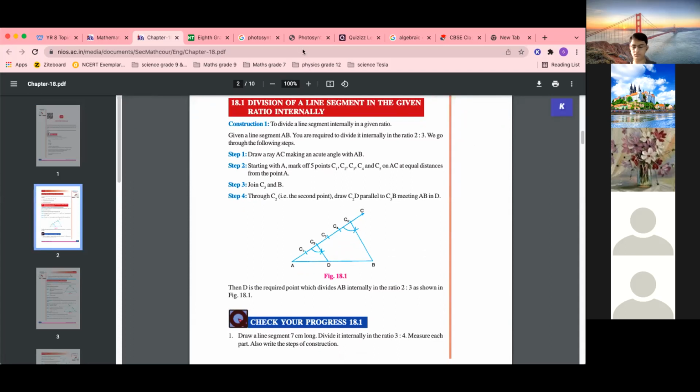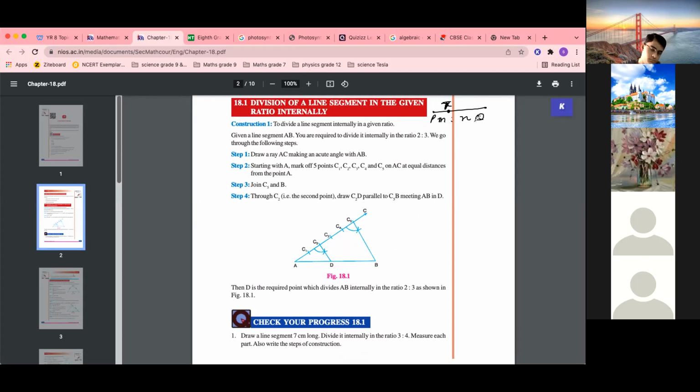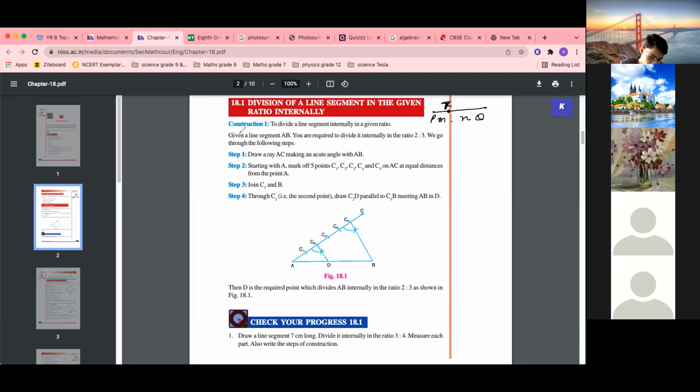That particular line, this is a line PQ, and any point T divides this PQ line in the ratio m:n, or m1, m2, whatever you can take. And the coordinate of the point, we write as xy.